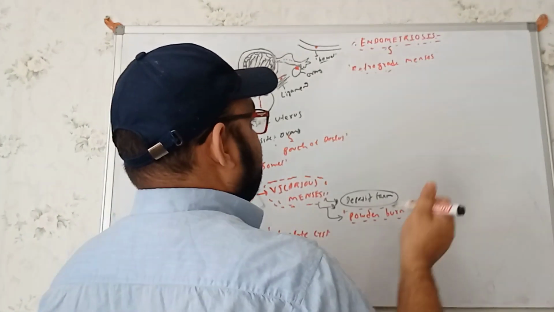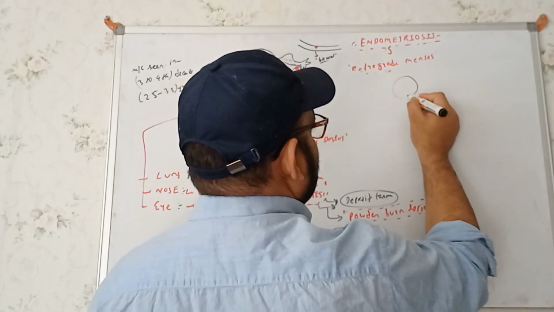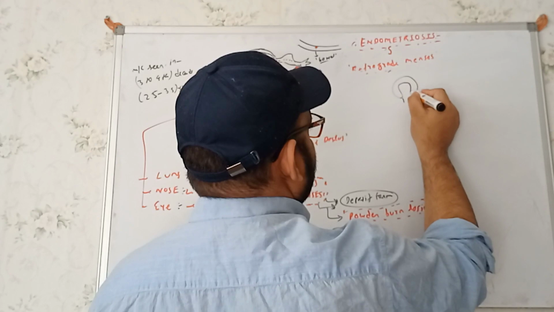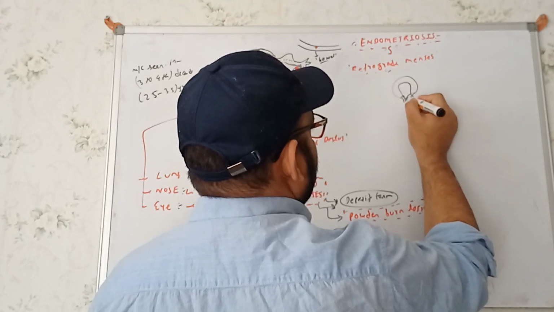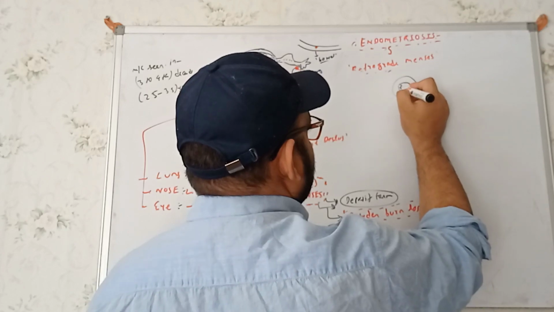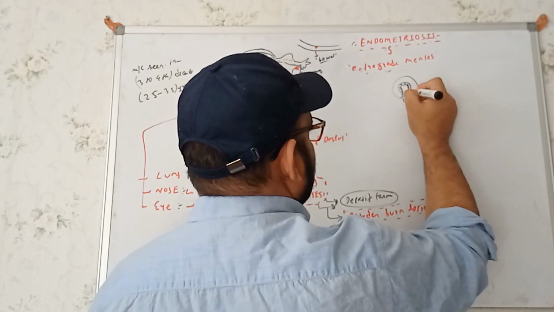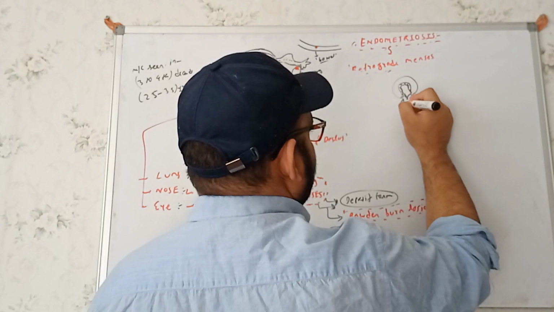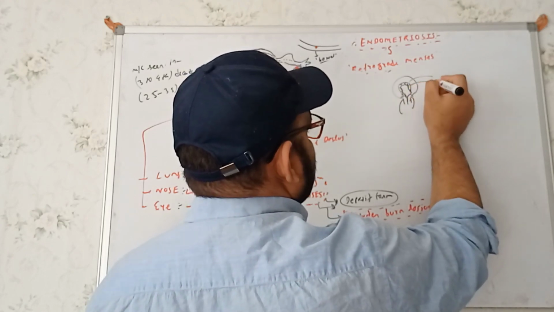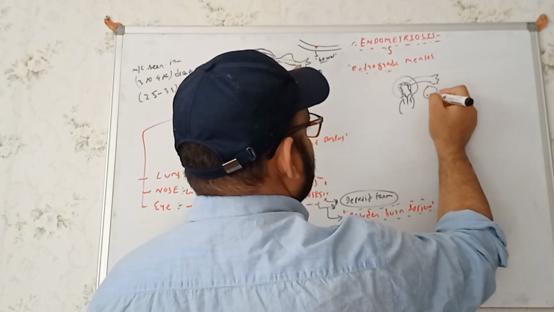So normally, for example, it's the uterine cavity. Now, as we know, the endometrial gland is over here. And the fallopian tube and the ovary are over here.